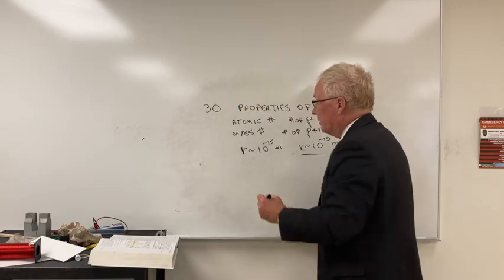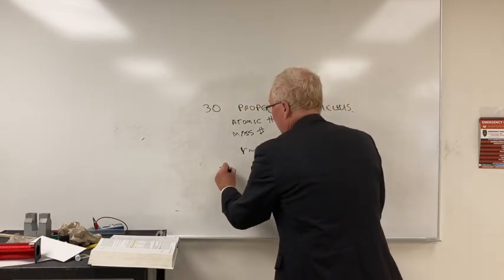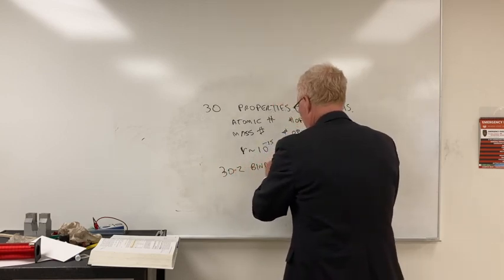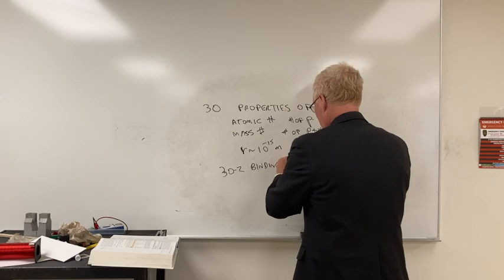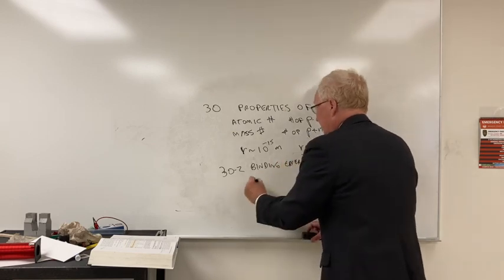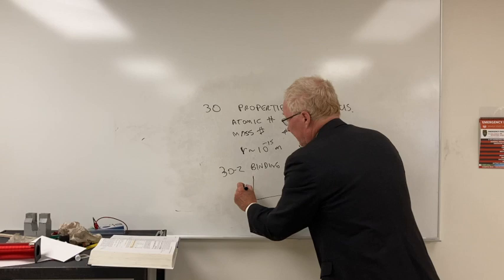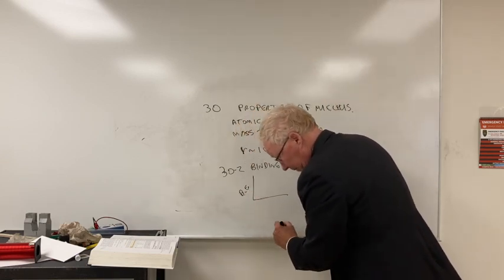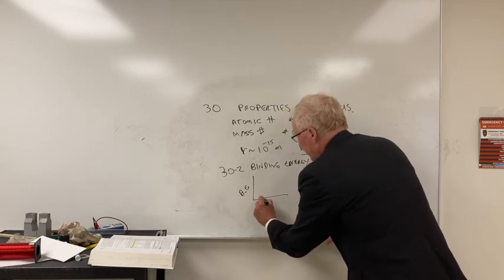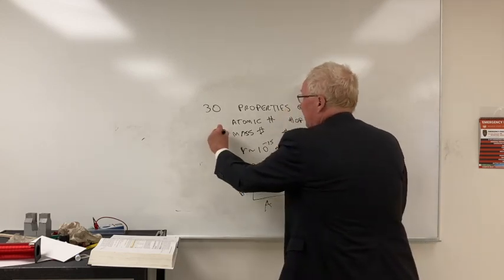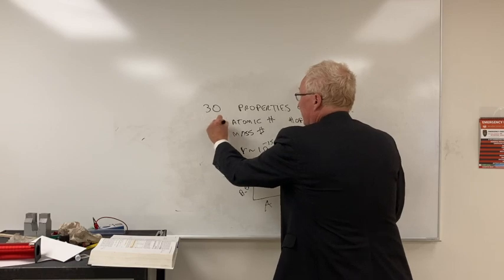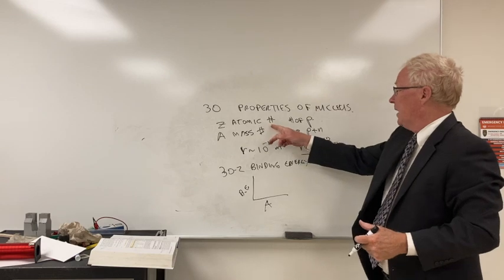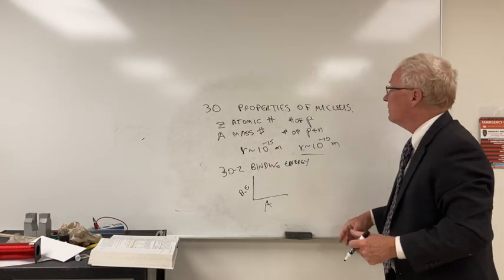We got into binding energy a little bit in 30.2. We'll get into this graph of binding energy and mass number A. So this is A and this is Z. Z is the atomic number, A is the mass number.